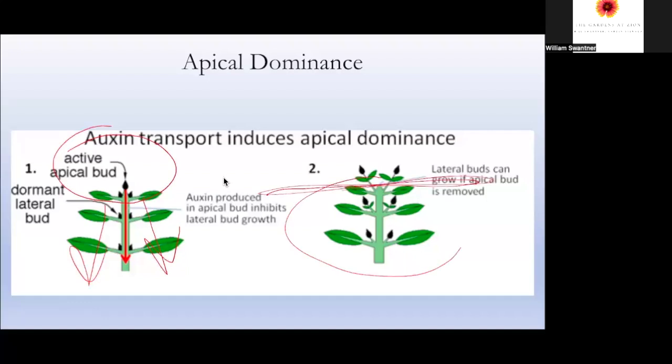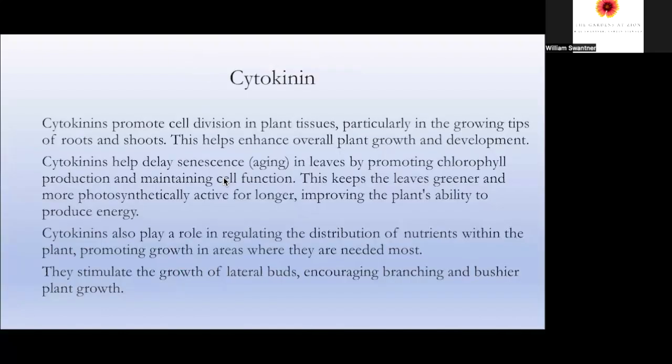Okay, cytokinin. Cytokinin promotes cell division in the plants, particularly in the roots and the shoots. Cytokinin helps delay senescence, or the aging in leaves, by promoting chlorophyll production and maintaining cell functioning.